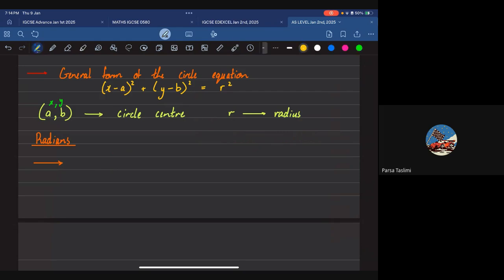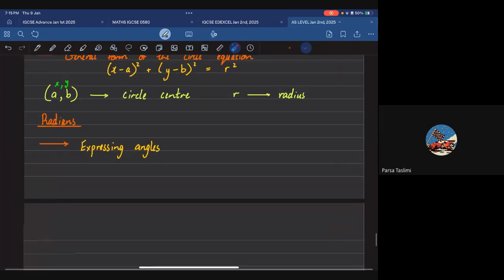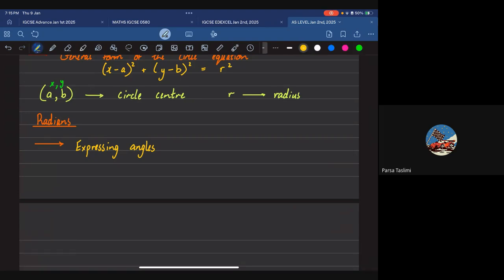But because it is an alternative way of expressing angles, it's not going to be identical to your degrees. Otherwise, why would we use a separate method to identify angles as well? So it's not going to be that 90 degrees is 90 radians. No, that's not the case. It's pi by 2 radians.